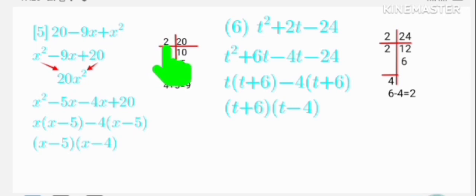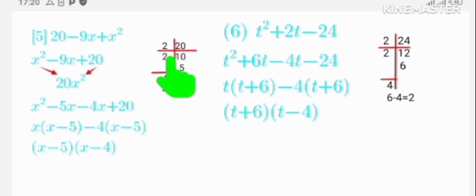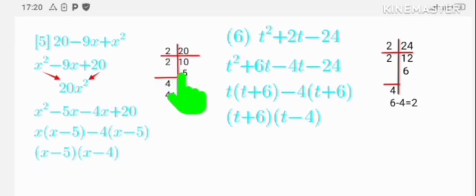So if we start from 2, we are going to have 20 divided by 2, that will give you 10. We know that 10 and 20 cannot add or subtract to give us 9. So we need to divide 10 again. So we say 10 divided by 2, we are going to have 5. We first of all say 20 divided by 2, that will give you 10. 10 divided by 2, that will give you 5. 2 times 2 will give you 4, and we know that 4 plus 5 will give you 9, which is exactly what we want here.